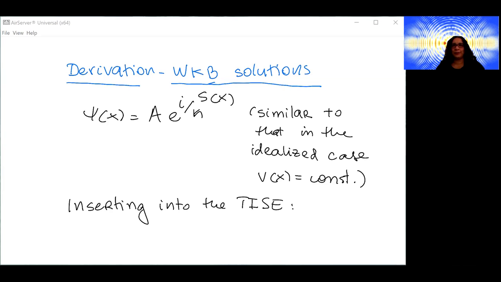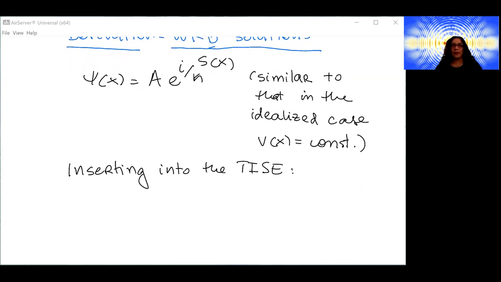So let's have a look. We have, don't forget, H psi(x) = E psi(x). So the left-hand side is going to look like this.